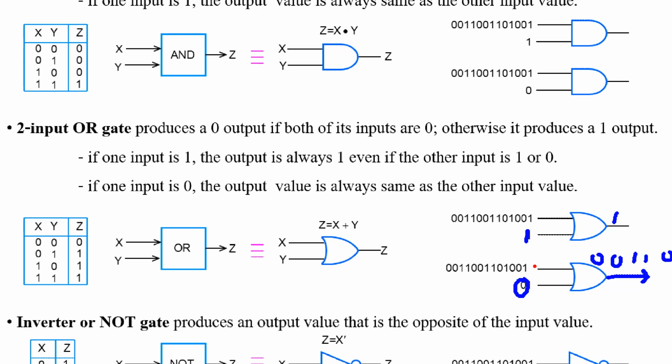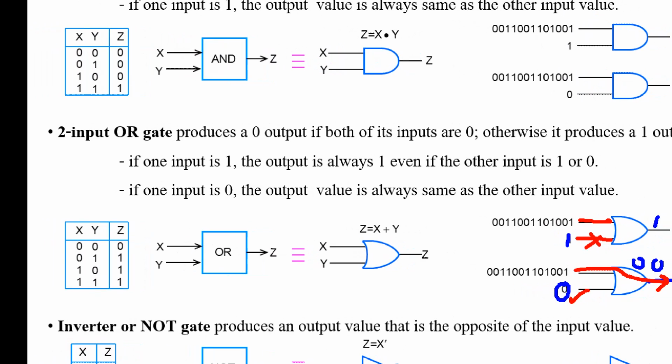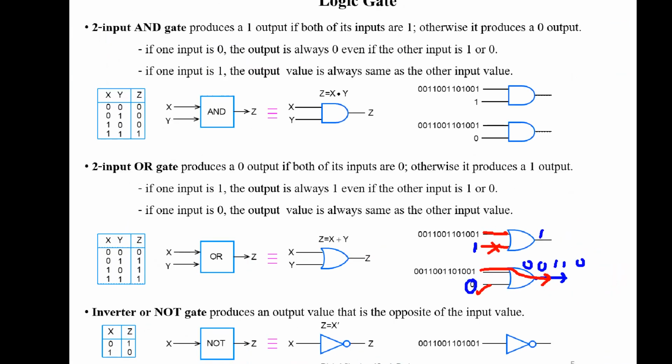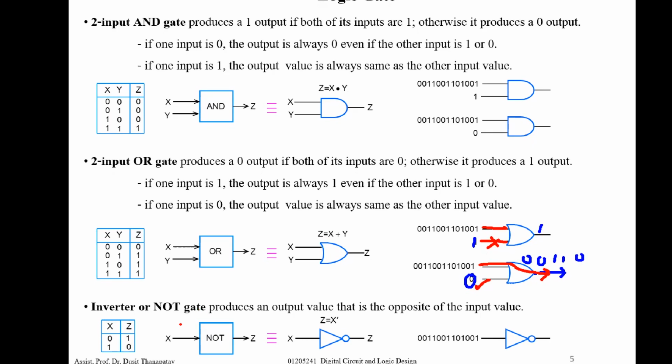So the input can flow to the output if this control signal is 0. If the control signal is 1, the output cannot follow. So it's like a gate to control whether the signal can flow to the output or not, but with different conditions for the AND gate and the OR gate.